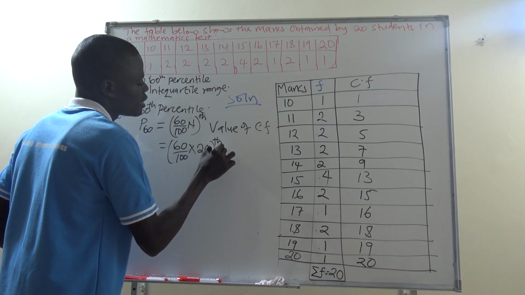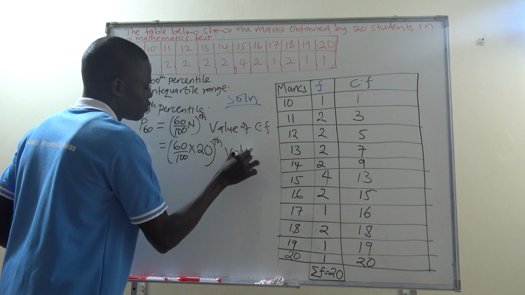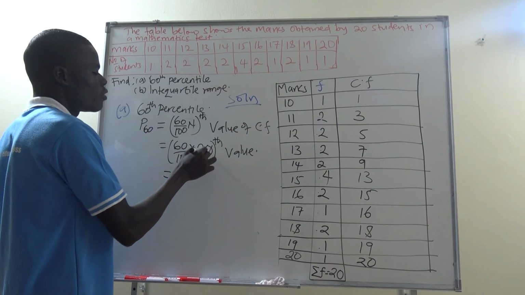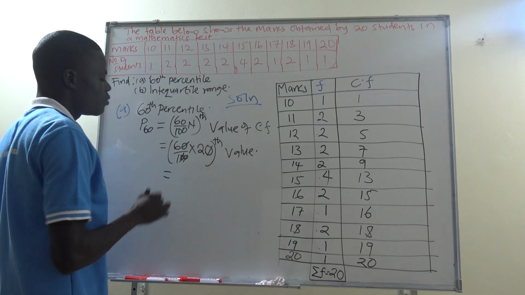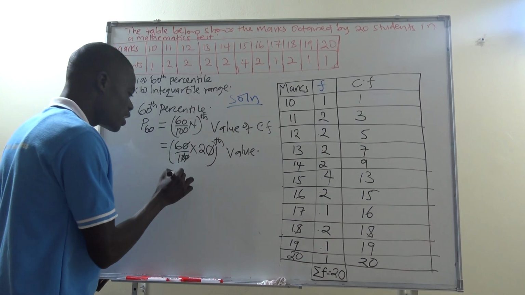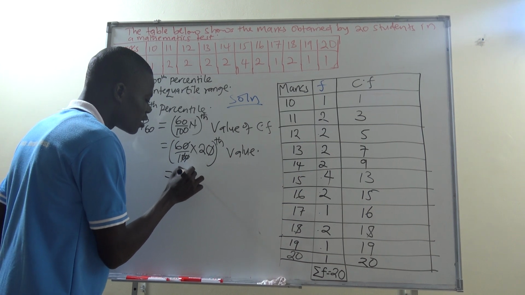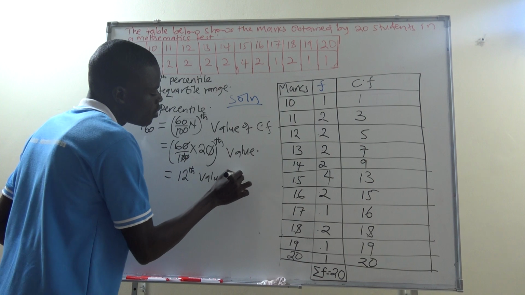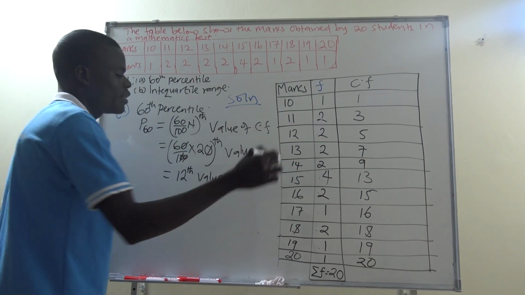So we shall look for this value. Then we shall start dividing. This 0 will go with this one, and then this one will go with this one. Then we shall remain with 6 times 2, which is the 12th value of the cumulative frequency.